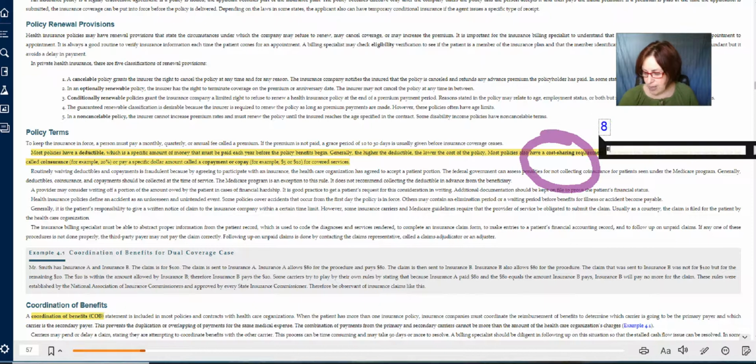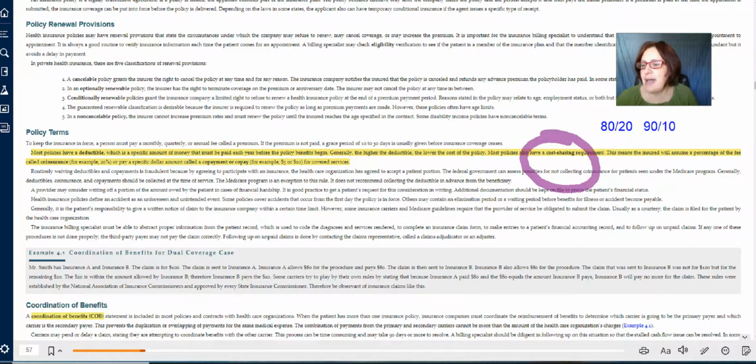You'll see it written sometimes like this, that the patient has an 80-20 policy or a 90-10 policy. The first number is the percent the insurance company will pay, and the second number is the percent the patient owes. 80-20 is probably the most popular one. So the patient would then owe 20% of every service they have done for the rest of the year.